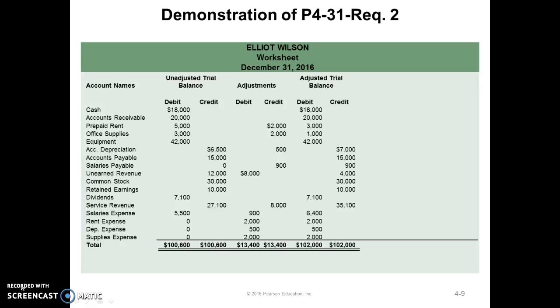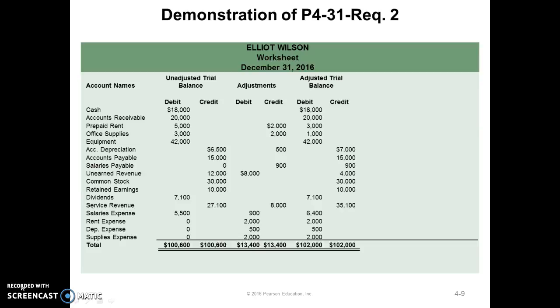This now shows what the unadjusted trial balance was, and then the adjustments that we talked about, the A through E: the unearned revenue, prepaid rent, and so on. When you add the adjustments to the unadjusted trial balance, you get the adjusted trial balance. For example, the prepaid rent: we had $5,000 of prepaid rent in the unadjusted, a debit.